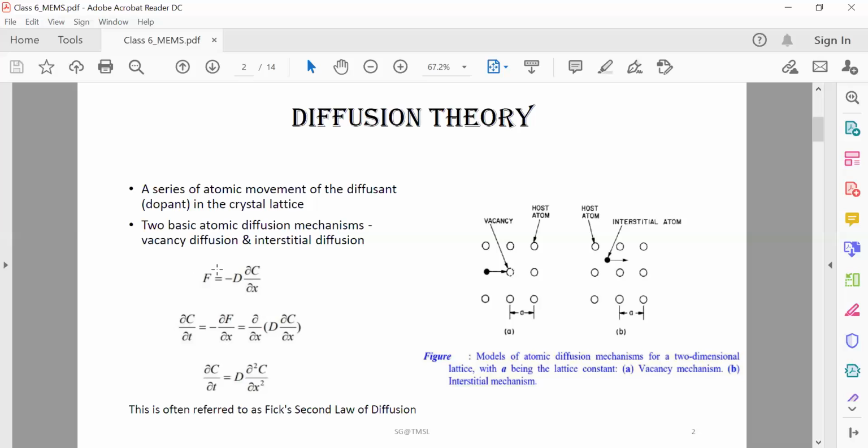If F is the flux of dopant atoms traversing a unit area in a unit time, then we can write F equals minus D delta C by delta X, where D is the diffusion coefficient, C is the dopant concentration, and X is the distance in one dimension.